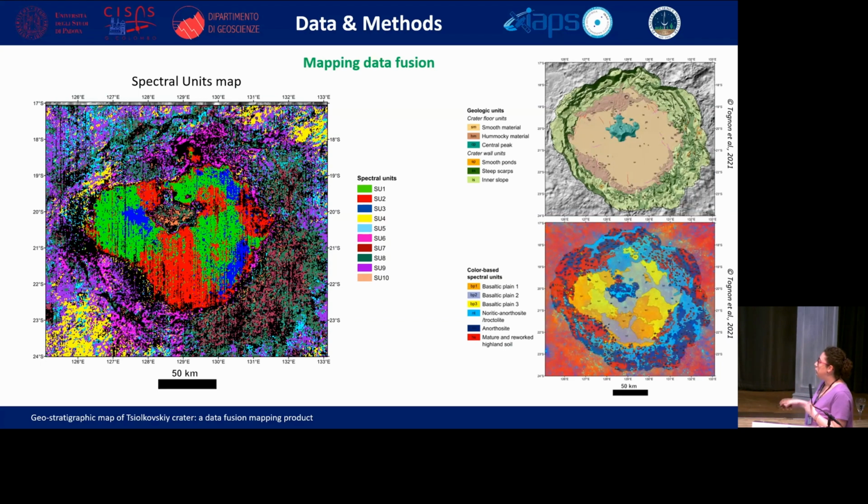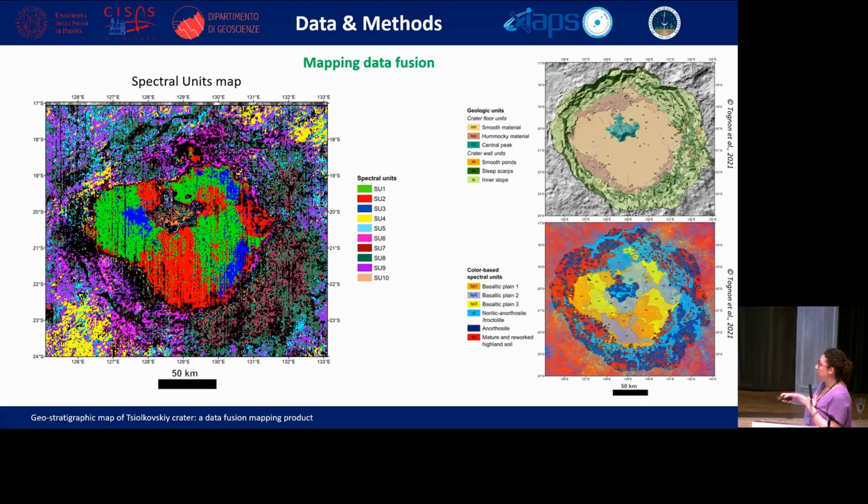Now, to proceed with our mapping data fusion and produce a geostratigraphic map, namely a more complete product, including morphologic, stratigraphic, compositional and mineralogical information that can be derived from spectral data and derived products, such as color-based maps, principal component analysis, color ratios, and the spectral units map, we took our morphostratigraphic map and traced new contacts based on the spectral units map to integrate the spectral information.